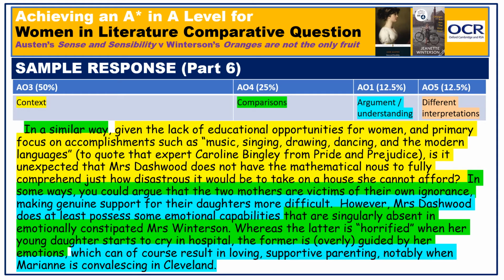However, Mrs. Dashwood does at least possess some emotional capabilities that are singularly absent in emotionally constipated Mrs. Winterson. Whereas the latter is horrified when her young daughter starts to cry in hospital, the former is overly guided by her emotions, which can of course result in loving supportive parenting, notably when Marianne is convalescing in Cleveland.